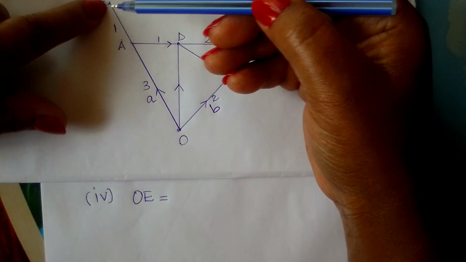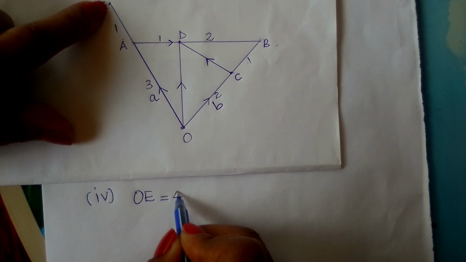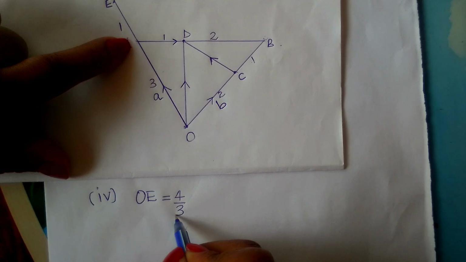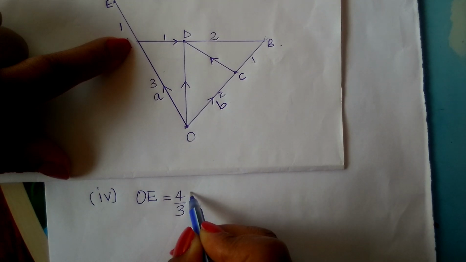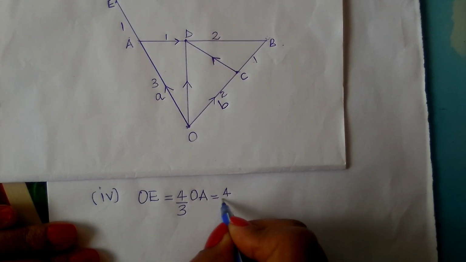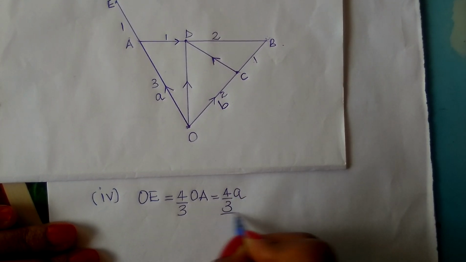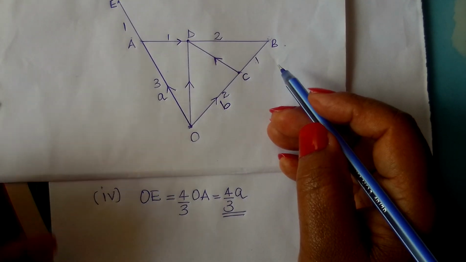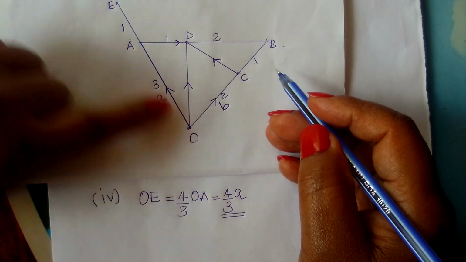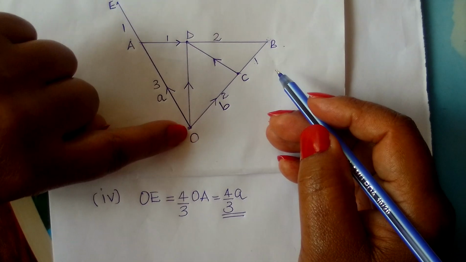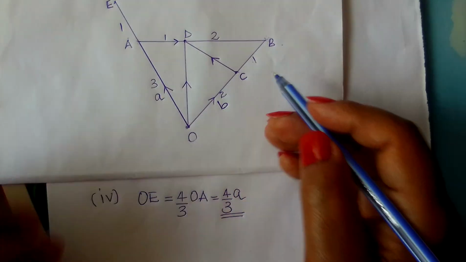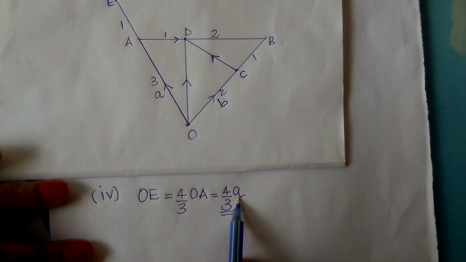So OE is equal to 4 over 3 of OA. And therefore this is 4 over 3 of A. Look at that, learner. OE is equal to 4 units out of 3 of OA, which is 4 over 3 small a.